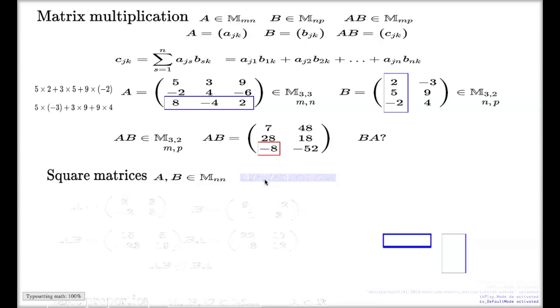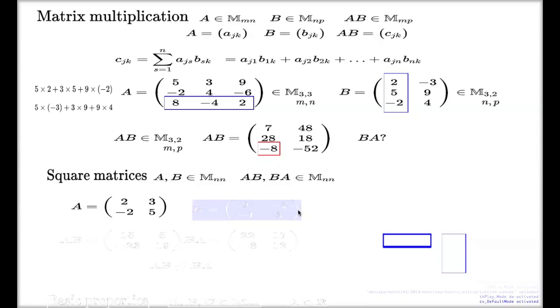If I have square matrices, then both products, both orders, AB and BA, will make sense. They will be square matrices of the same size. So there's no problem with making them compatible. However, even in that case, by changing the order of factors, you may change the result of the multiplication.